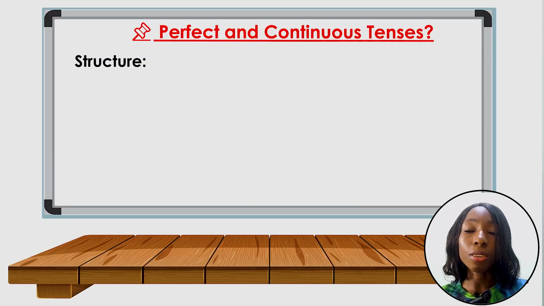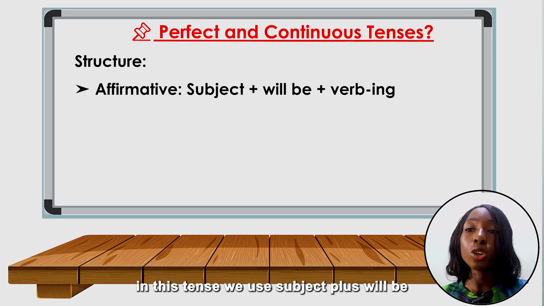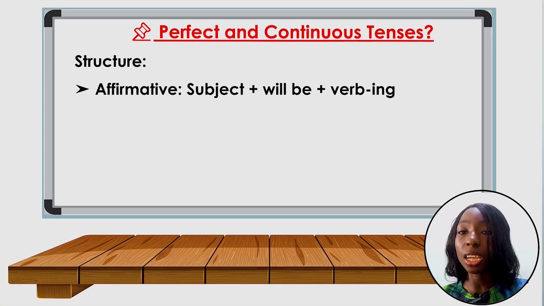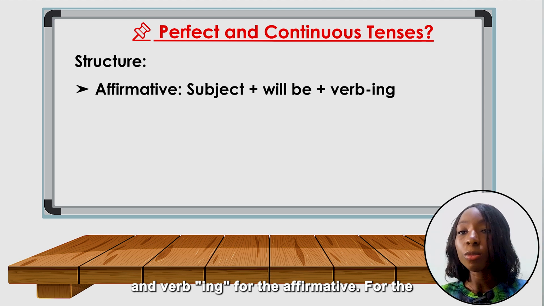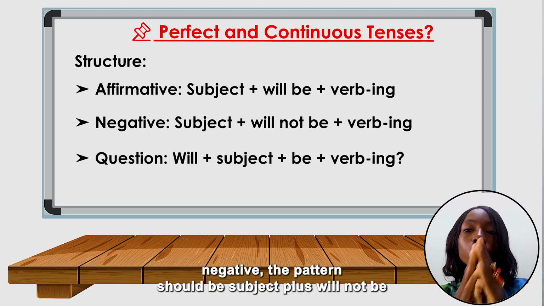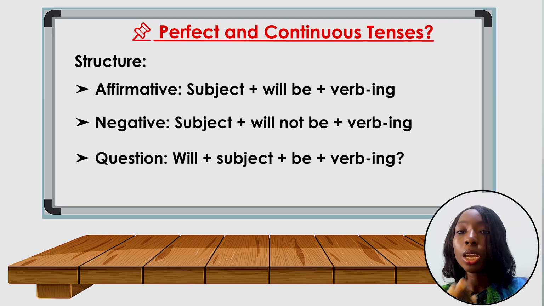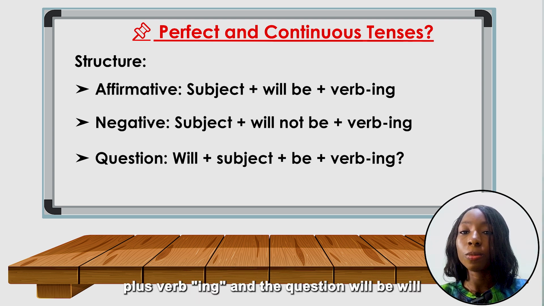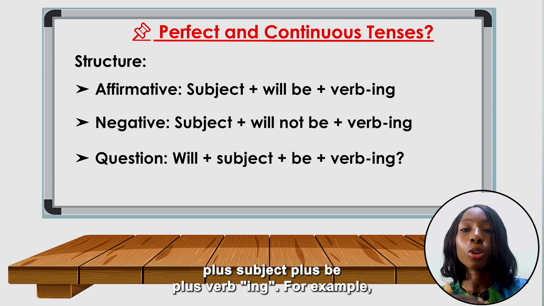For the affirmative, in this tense, we use subject plus will be and verb-ing. For the negative, the pattern should be subject plus will not be plus verb-ing. And the question will be will plus subject plus be plus verb-ing.